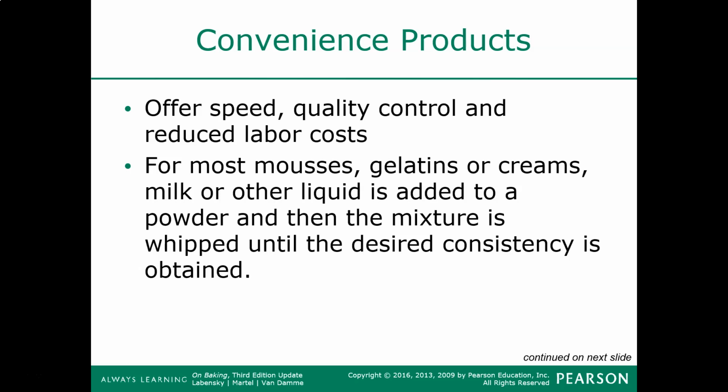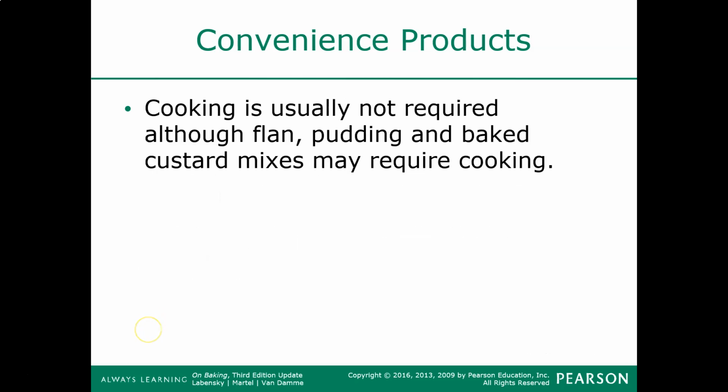For most mousses, gelatin desserts, or creams, milk or other liquid is added to the powder, and then it is whipped until the desired consistency is obtained. Cooking is not usually required. The pastry cook can often improve on the final product by adding whipped cream, fruit, or an appropriate garnish. Some establishments find convenient products quite useful for the labor-saving possibilities.